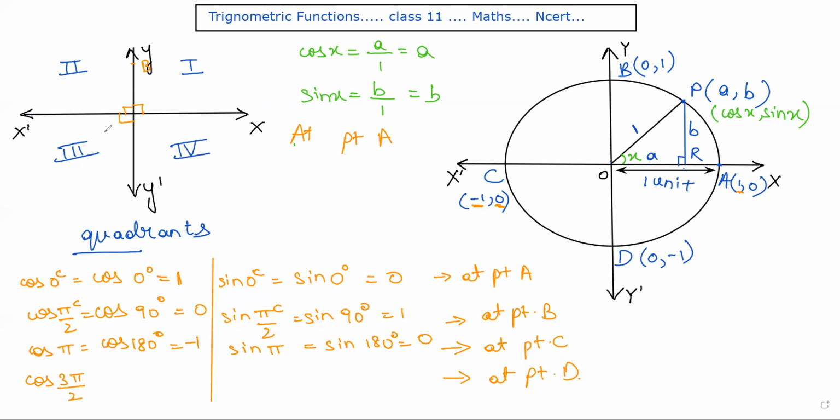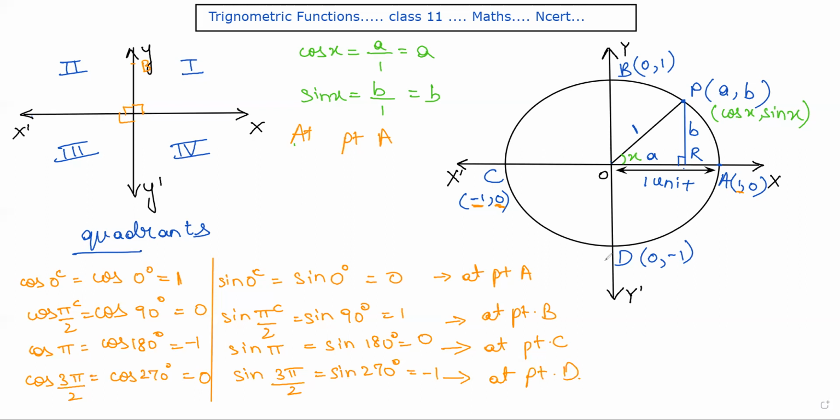Pi by 2 plus pi by 2 plus pi by 2 gives cos 270 degree, which is equal to 0, and sin 3 pi by 2 will be equal to sin 270 degree, which is again -1. If you can see, your cos value is ranging from 1, 0, -1, 0.